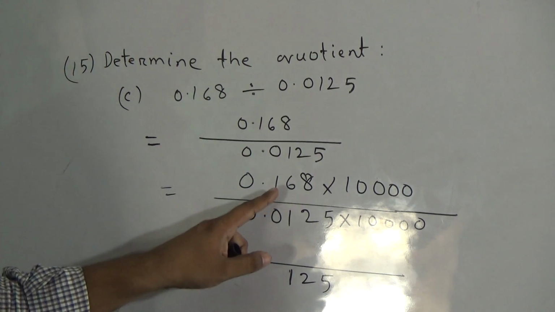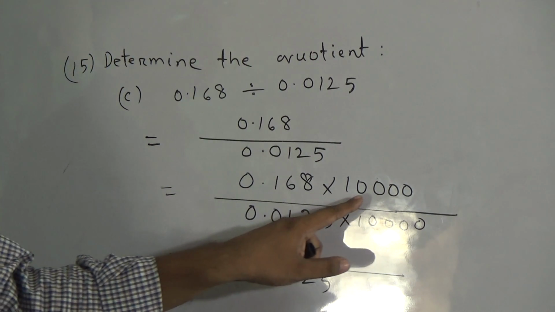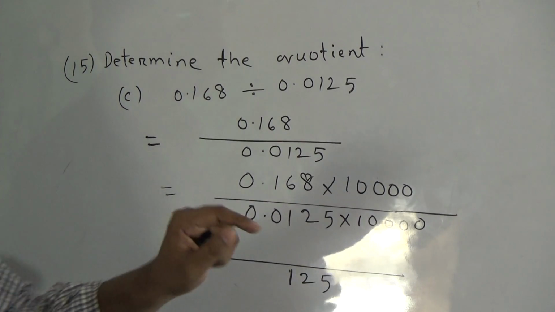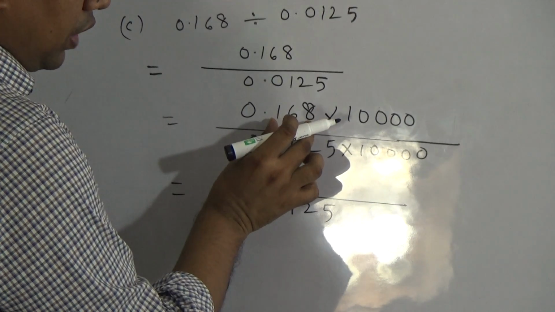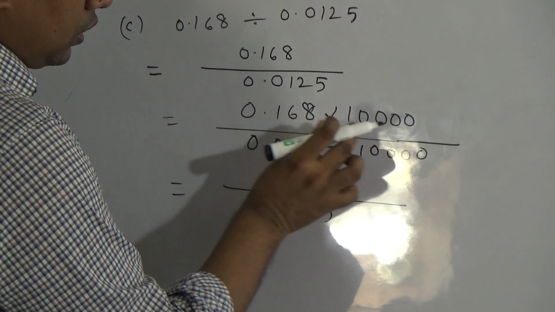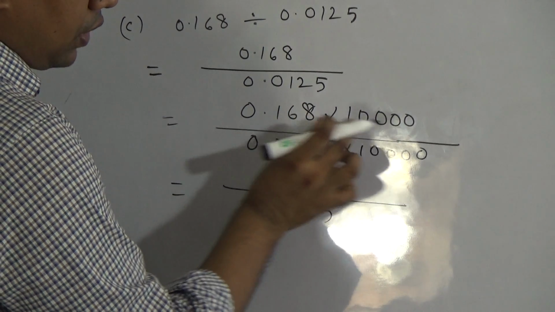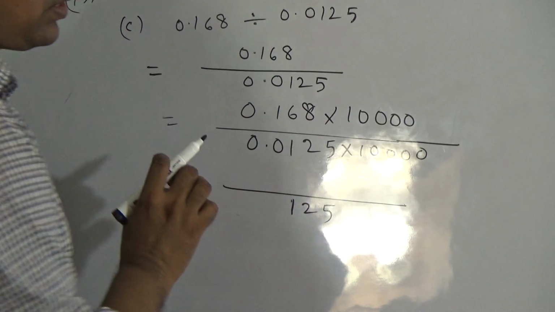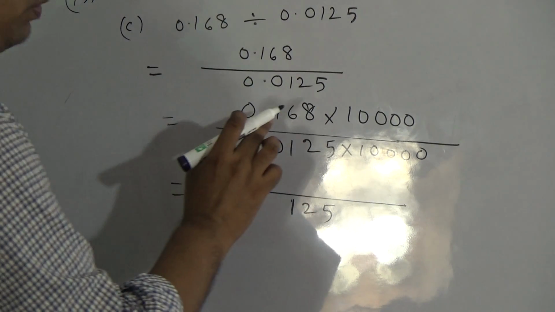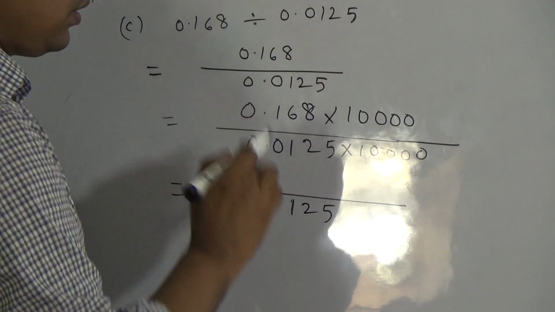Now if we multiply 0.168 with 10,000, then here after the decimal point total 3 digits exist. So if we multiply this number by 1000, then it will be 168. Here another extra 0 exists, so it will be 1680.